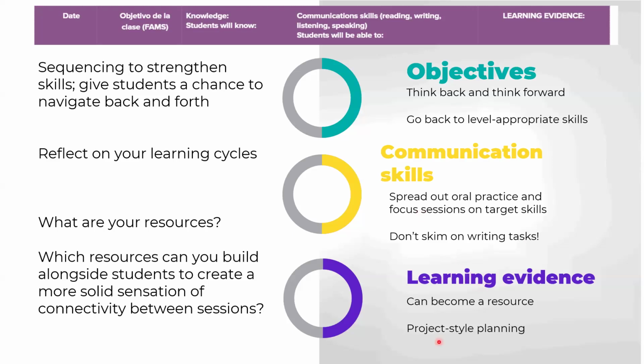Or go about different objectives by using a tool that just keeps on having more content. So when you're sequencing to strengthen all the skills, you give the students a chance to navigate back and forth between them, right? So this is what I was trying to go for, this project style planning.